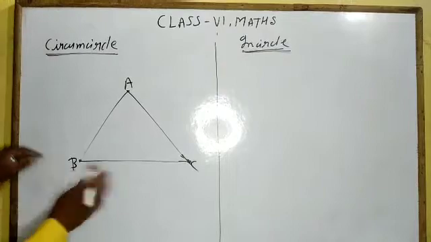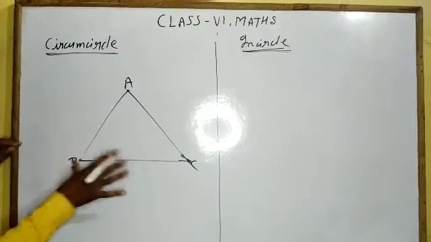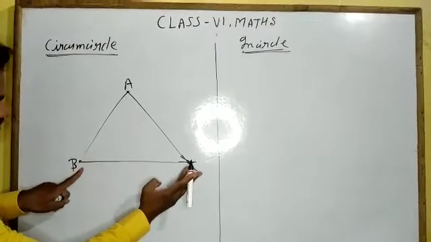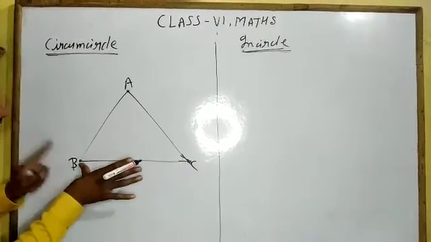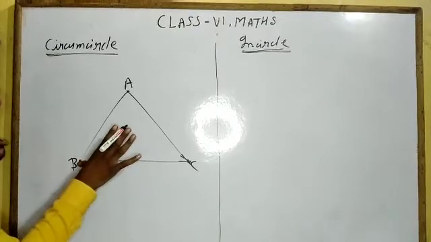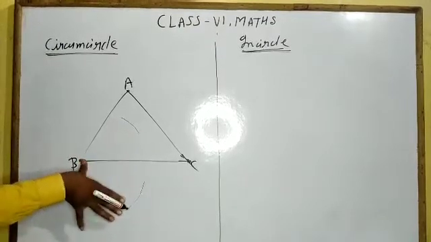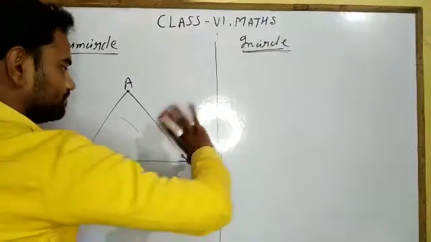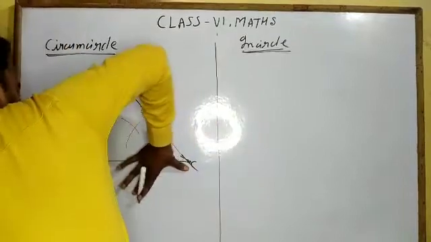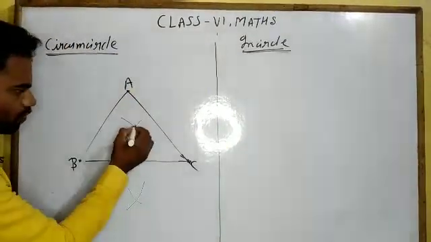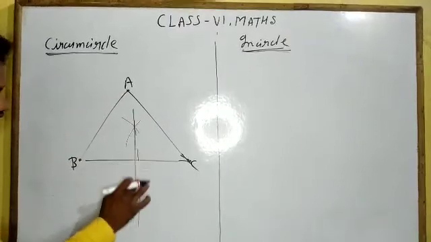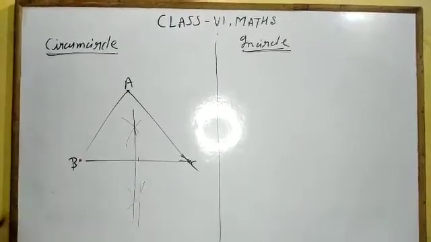Simply take an arc of more than half. Suppose that its length is 5 centimeters, so you will take an arc of more than 2.5 centimeters. Yes, more than half. Draw an arc upside and an arc downside. Same way, taking C as a center, draw an arc here, again draw an arc here. Both arcs will intersect each other. Join these two intersection points.